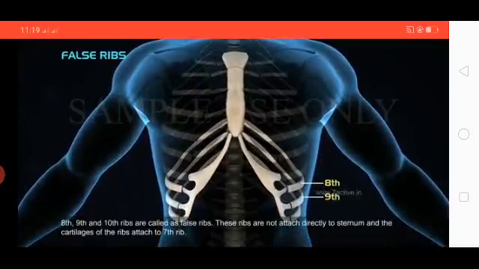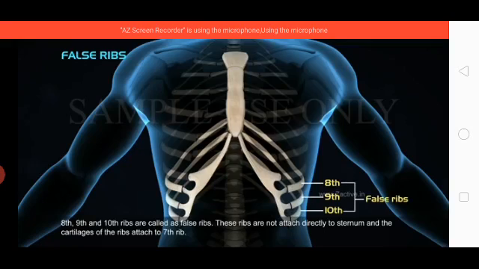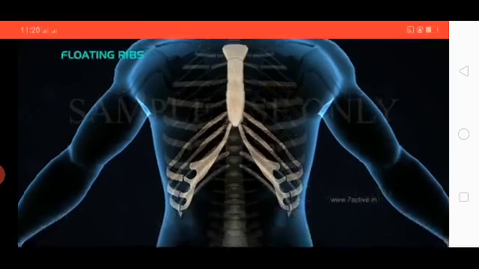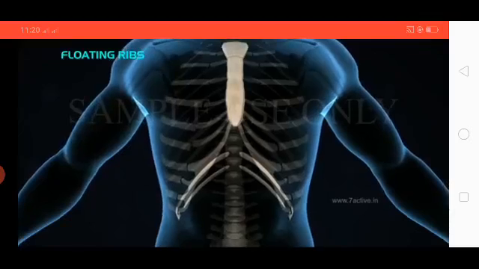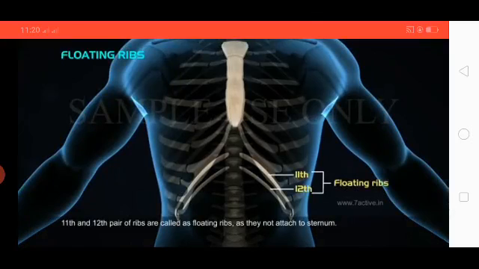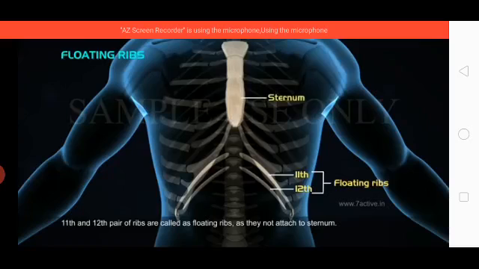The 8th, 9th and 10th ribs are called false ribs. These ribs are not attached directly to the sternum and the cartilages of the ribs are attached to the 7th rib. Floating ribs. The 11th and 12th pair of ribs are called floating ribs as they are not attached to the sternum.